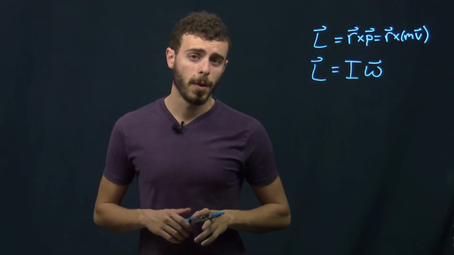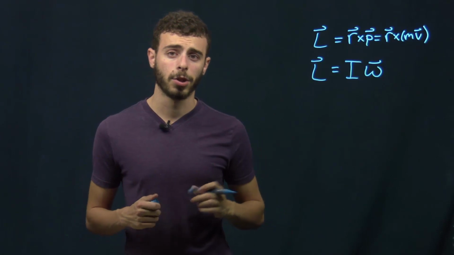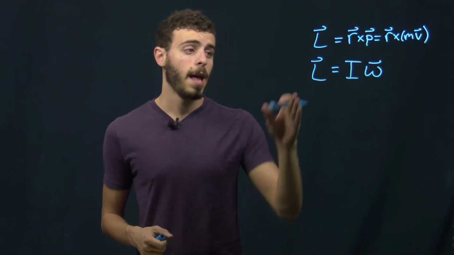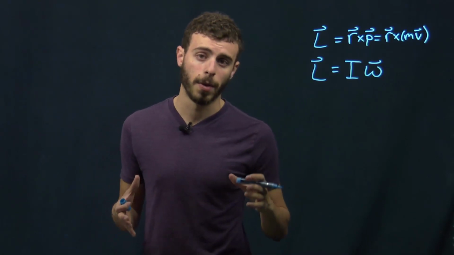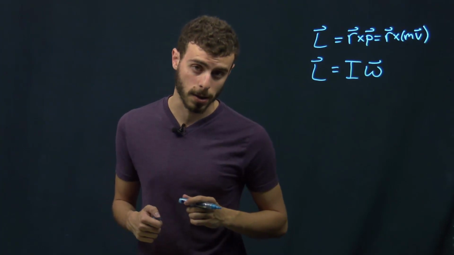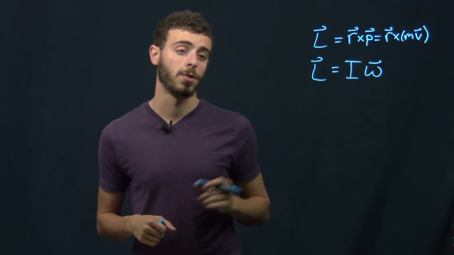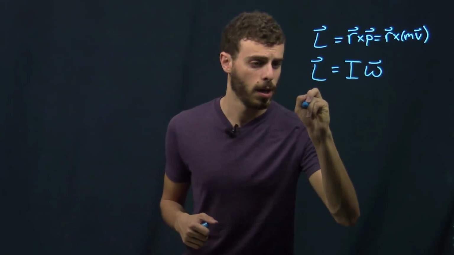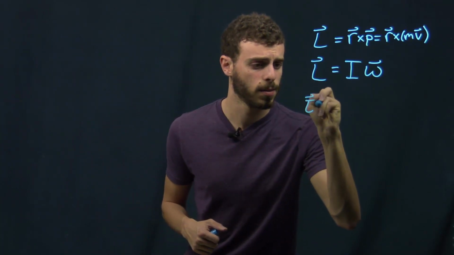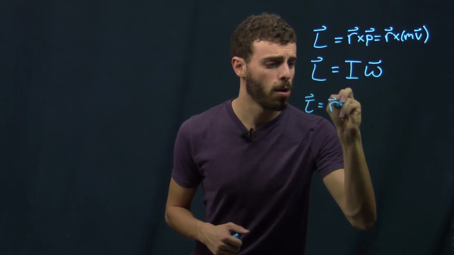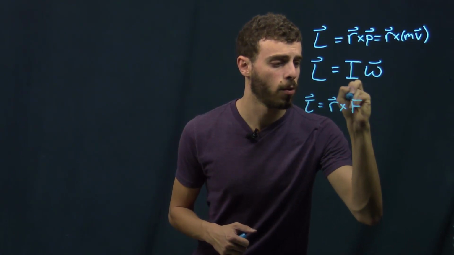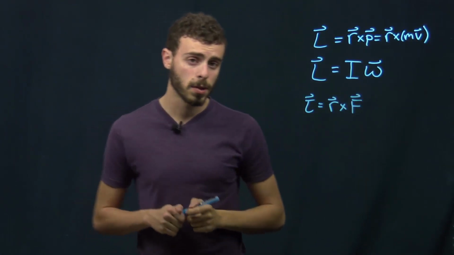The only other thing we need to note is that, similar to our linear momentum section, angular momentum is only conserved when there are no net external torques acting on our system. So we need a system which is isolated, meaning there's no external torque. We can decide that by recalling a torque is just our radius vector crossed with a force.